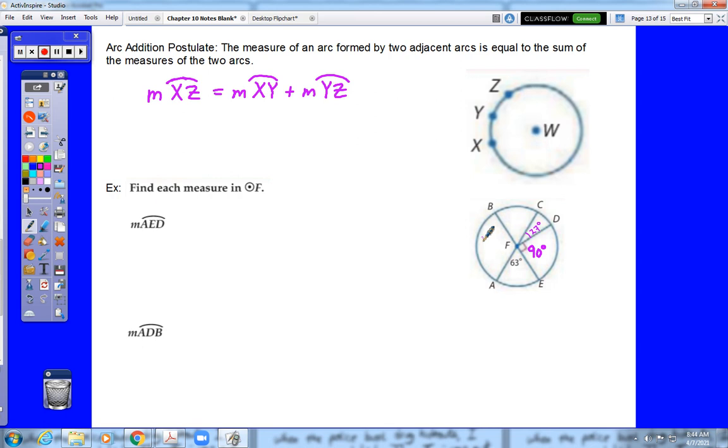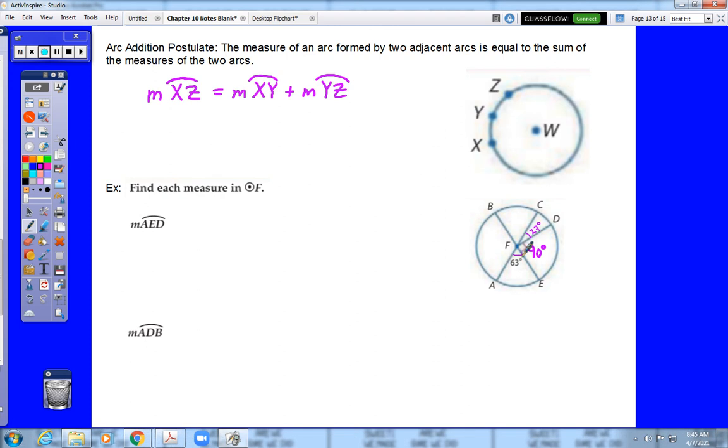Now, BE is also a diameter, yes? So if this angle is 63 degrees, how do I find angle AFB? Yeah, 180 minus 63, which is 117 degrees.